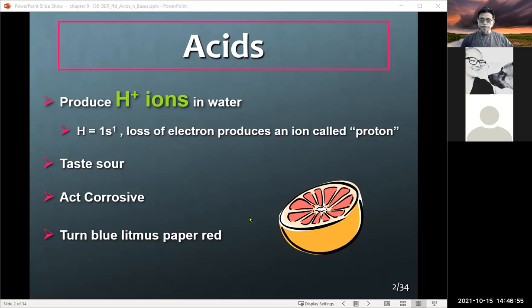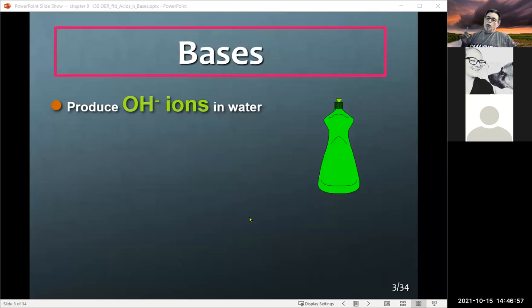With respect to bases, we have two types of definitions, and the majority of definitions deal with a polyatomic ion that you should become well familiar with, the hydroxide ion. Any compound that, when you place it in water, dissociates and produces that polyatomic ion is considered a base.